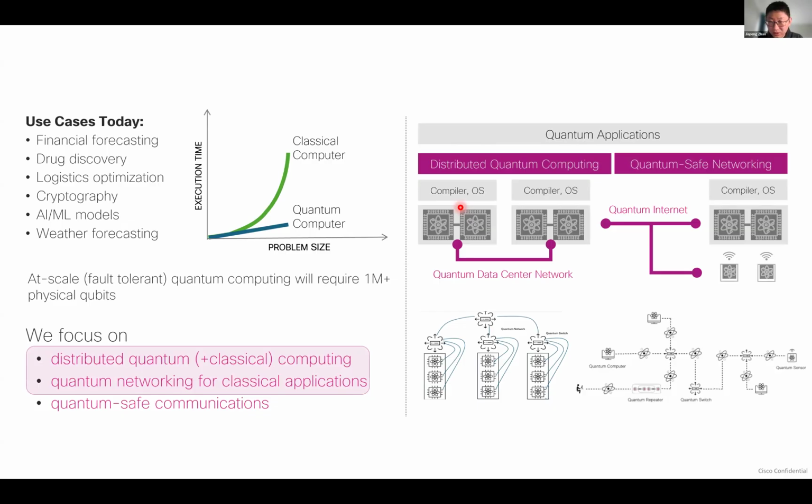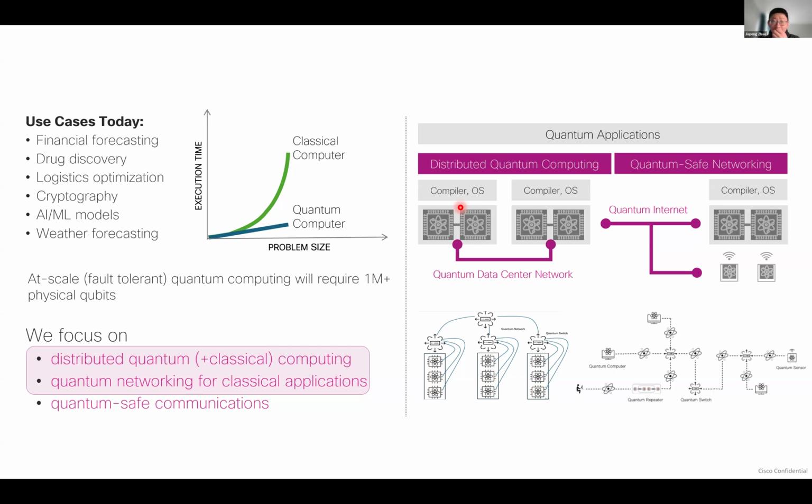Therefore, people now consider using a quantum network to interface multiple monolithic quantum computers to build distributed quantum computing, which can be a powerful solution to achieve real advantage for the many tasks we are interested in.